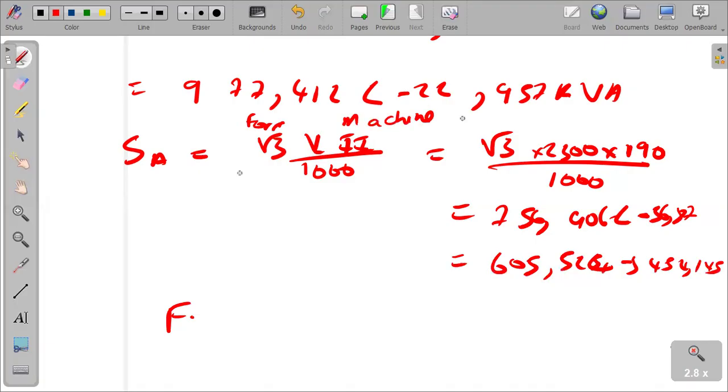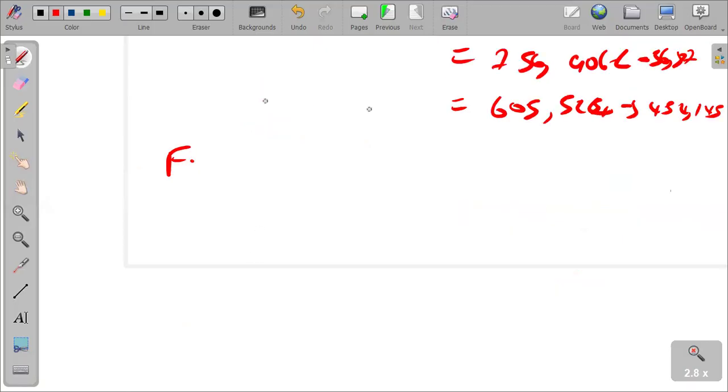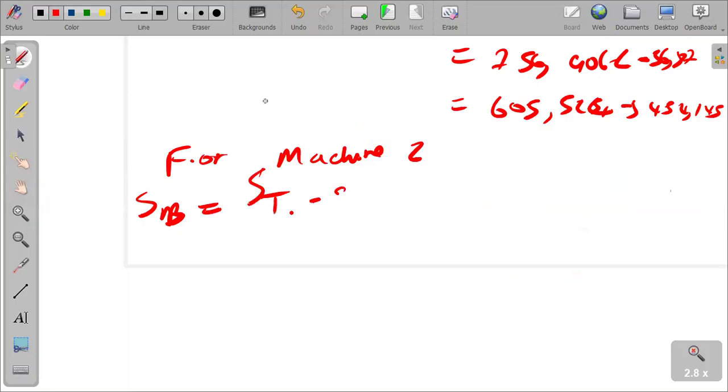It leads us then to the second machine, machine 2. SB shall be equal to ST minus SA, because ST is equal to SA plus SB.